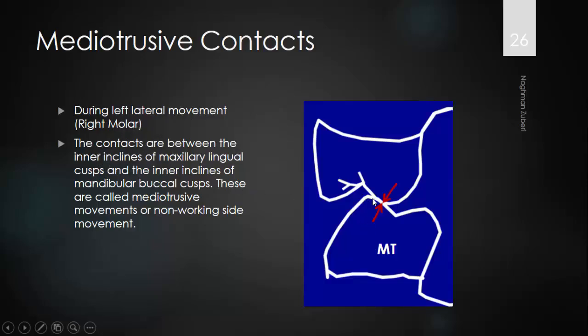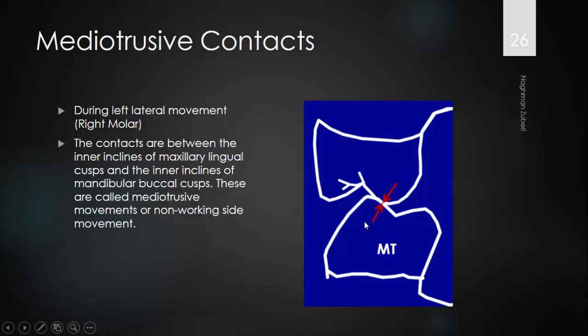We also say the facial incline or buccal incline of the maxillary lingual cusp and the lingual incline of the mandibular buccal cusp. These are known as non-working side movement or non-working contacts.